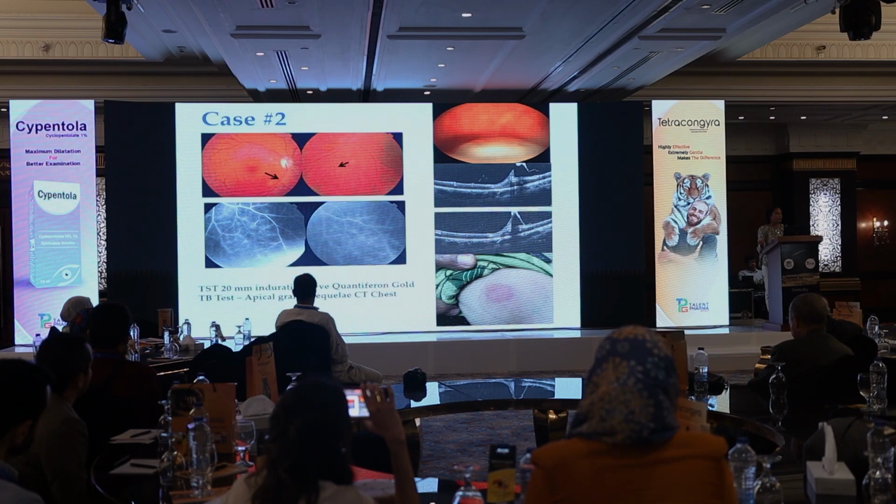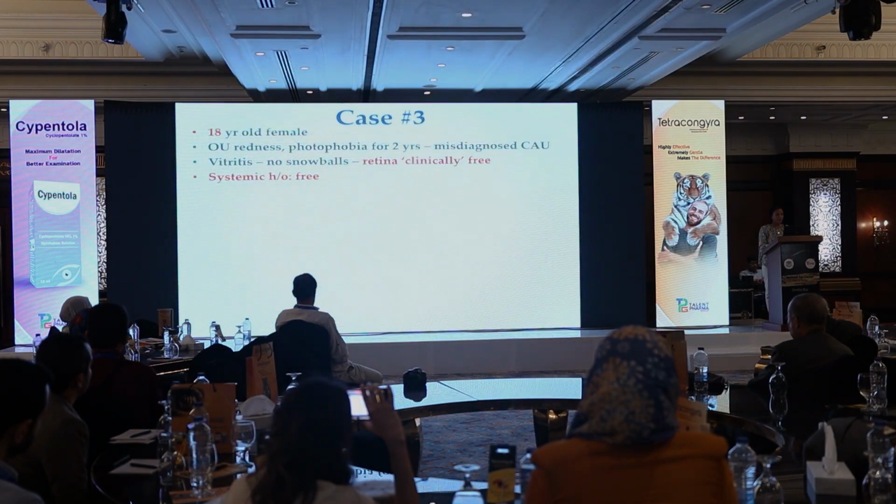And then when we perform the tuberculin skin test, we find that it's highly positive, and she did have an old focus in the apex of the lung, and this confirmed the presence of a tuberculous intermediate uveitis.